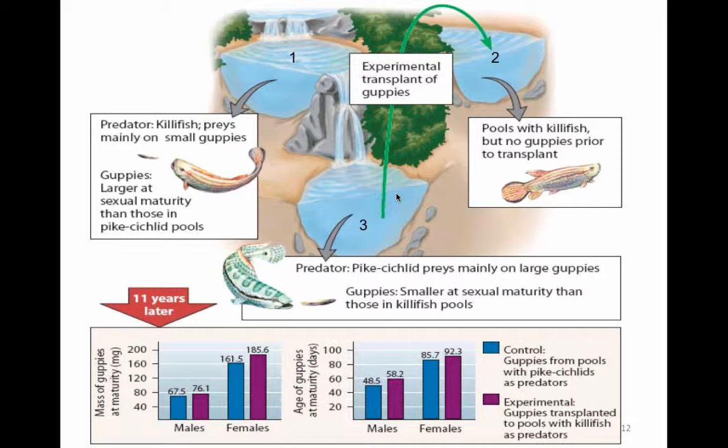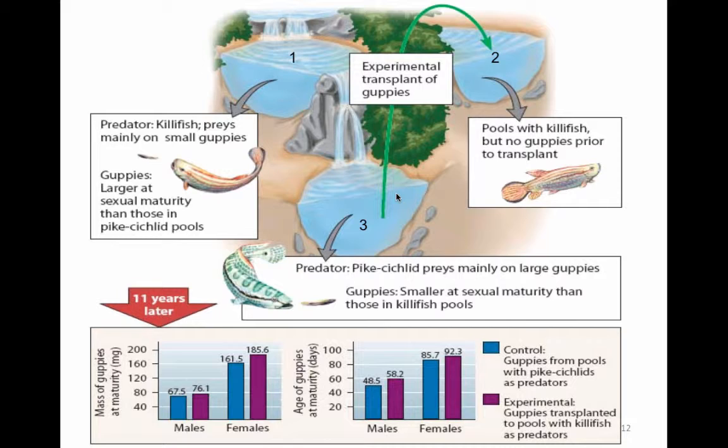And the female guppies living with killifish, purple bar, are larger at maturity, 185.6 milligrams, than the female guppies living with the pike cichlid, blue bar, measuring 161.5 milligrams.